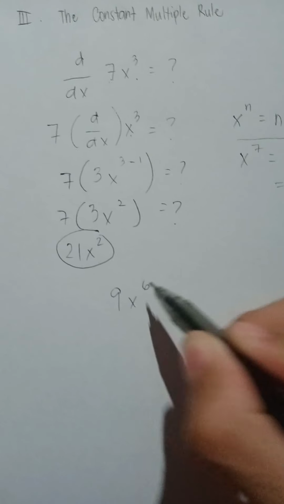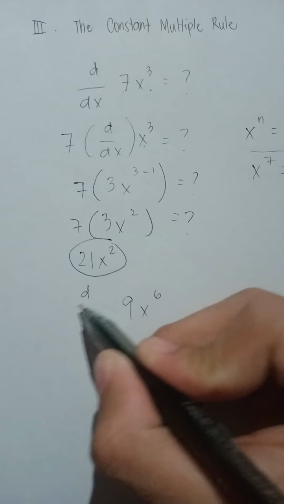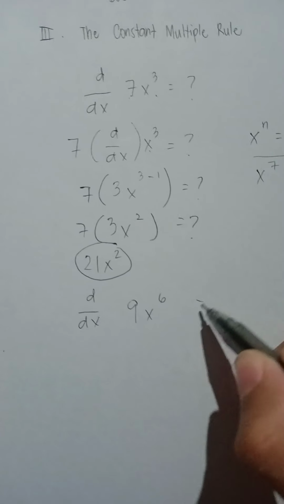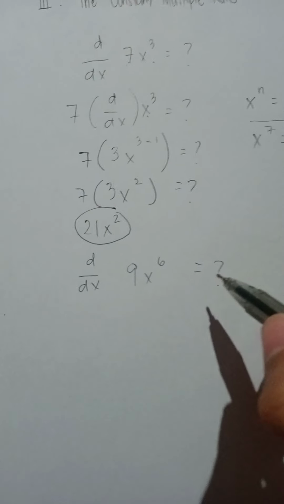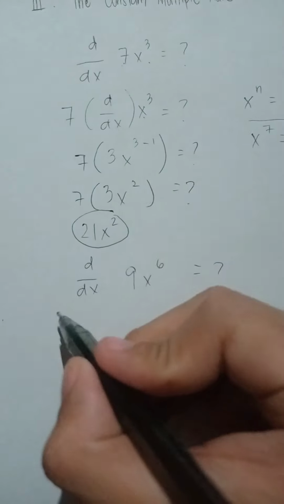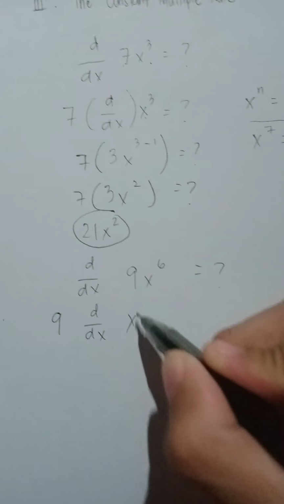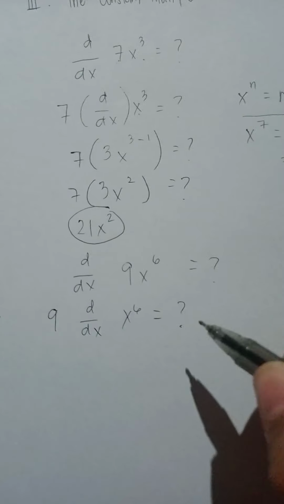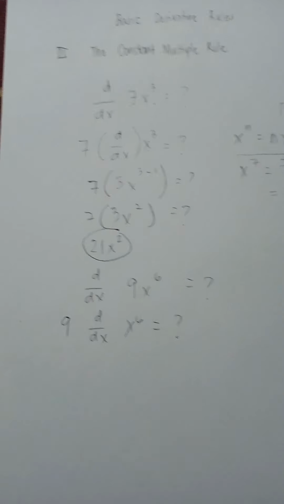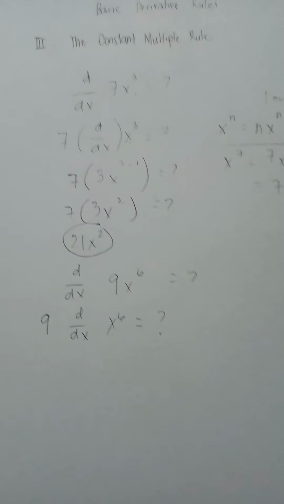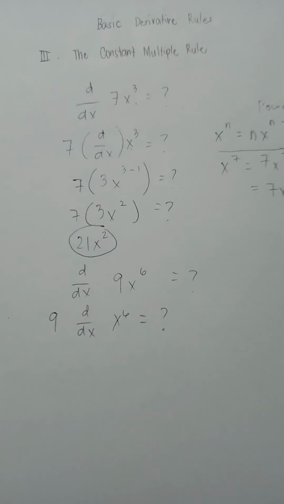9x raised to the power of 6 is equal to blank. So we can write this as 9 d over dx x to the power of 6 is equal to blank. So in the constant multiple rule, we will always apply the second rule, which is the power rule.